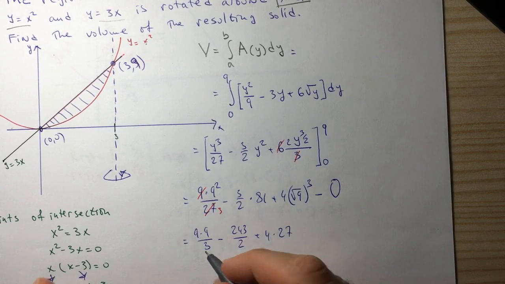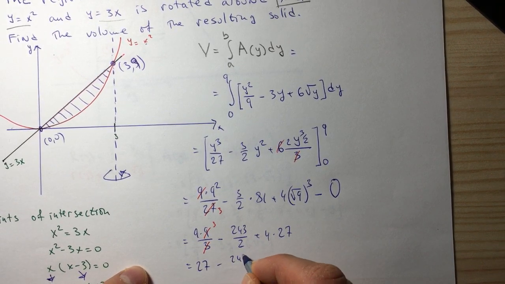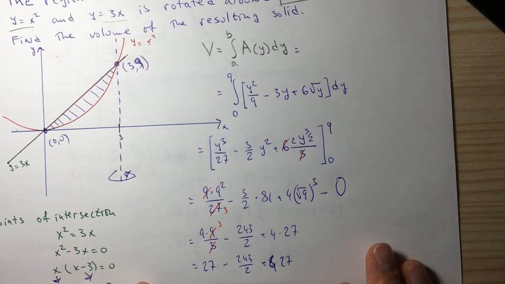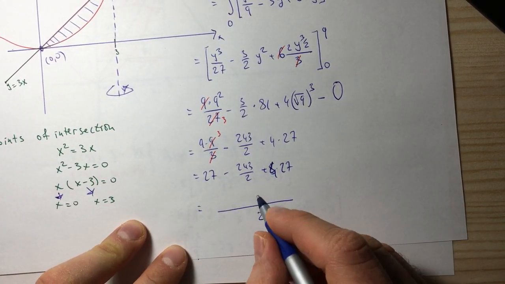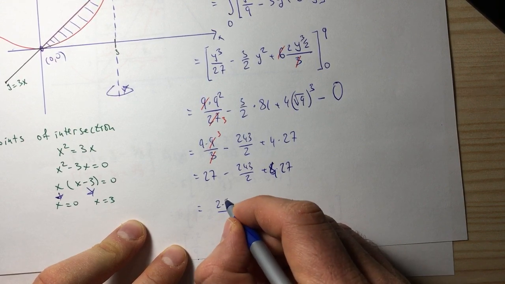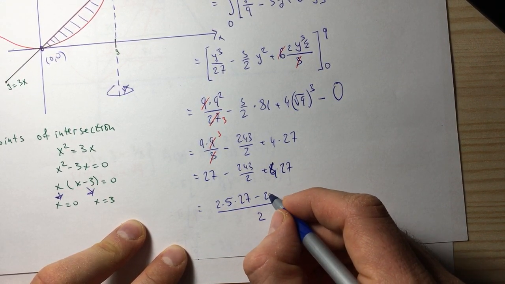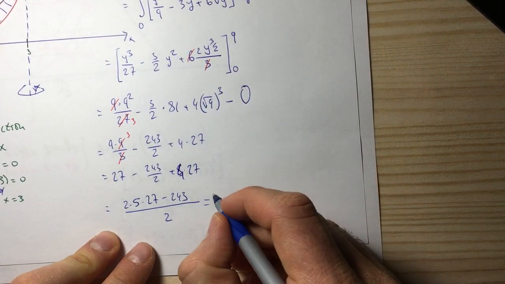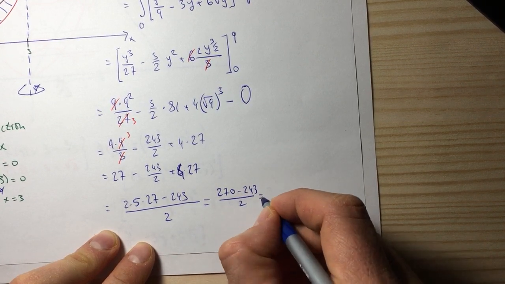And then you can cancel this also. You get 3 here, so 27 minus 243 over 2 plus 4 times 27, which is equal to 2 times 5 times 27 minus 243, and then I don't know, 270 minus 243 over 2.